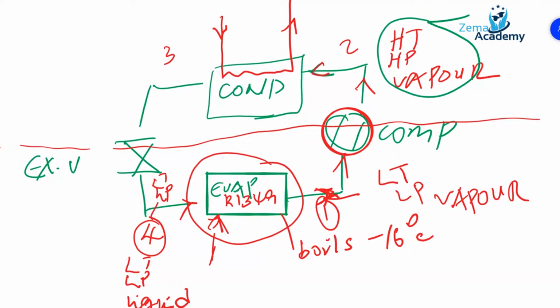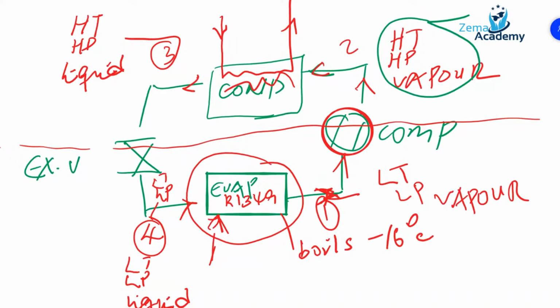At this point, we have high temperature and high pressure, and we pass it through a condenser. As it passes through the heat exchanger, condensation occurs. At the end, at point 3, we have high temperature and high pressure liquid, with perhaps some very small amount of vapor droplets.